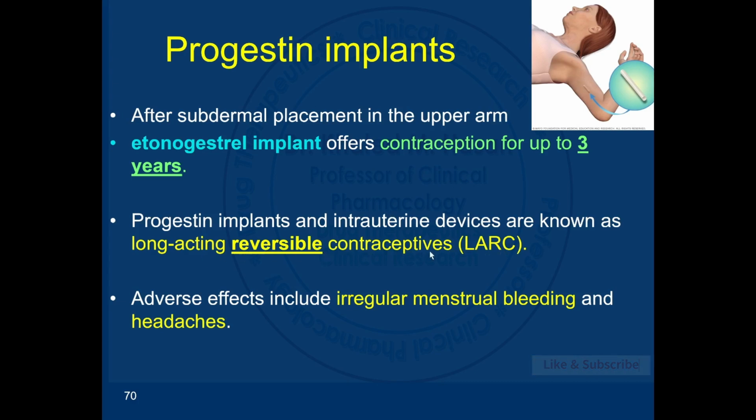Progestin implant and intrauterine device are known as LARC, which stands for long-acting reversible contraceptive. We have 2 methods here in the slide. For LARC, we have the progestin implant and the intrauterine device, which may provide contraception for 3 years.